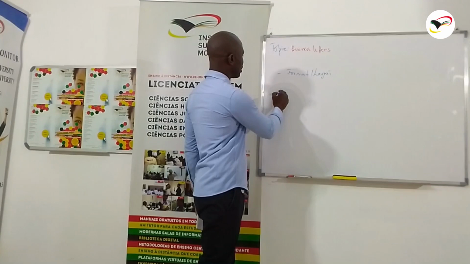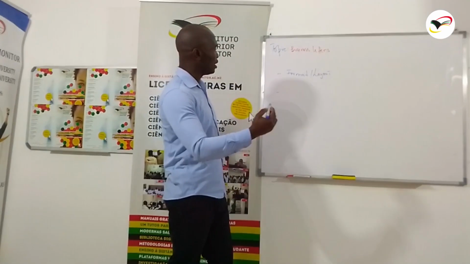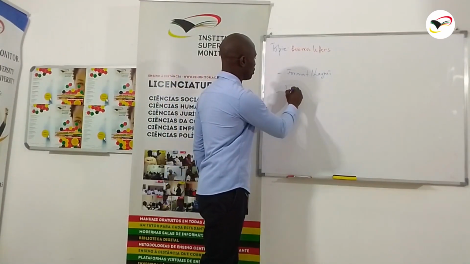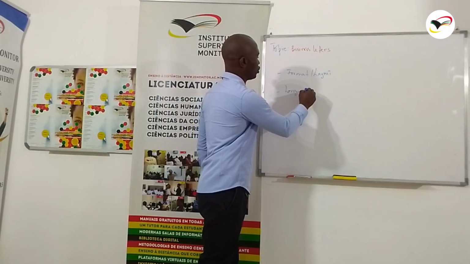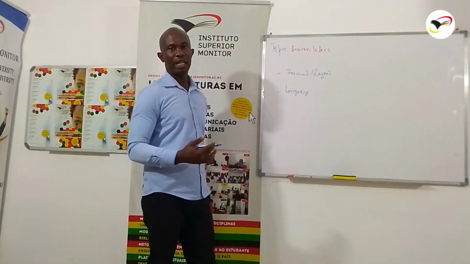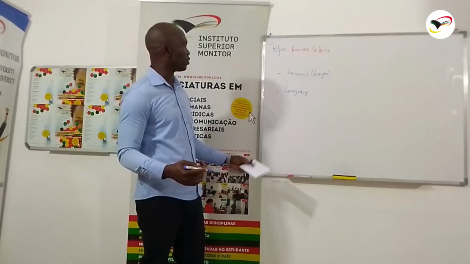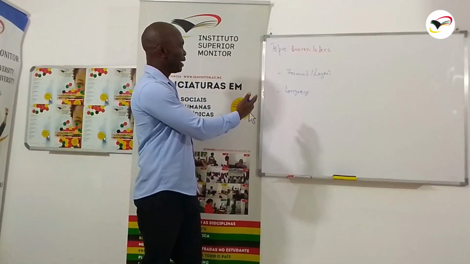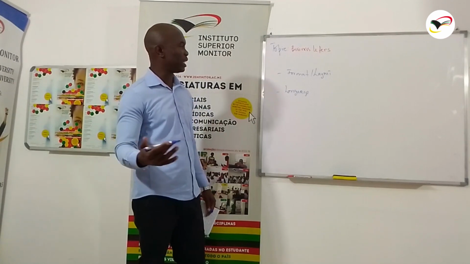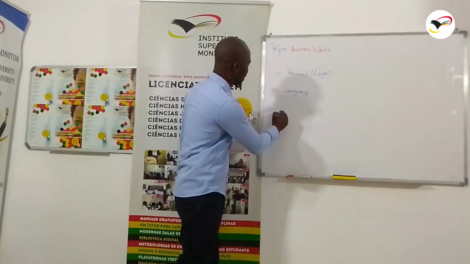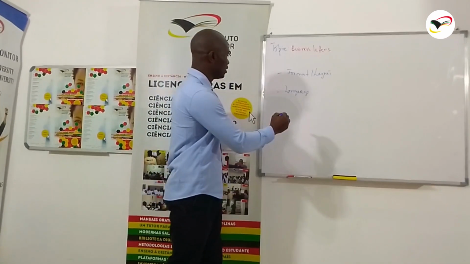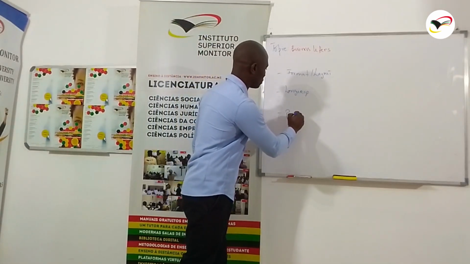The second aspect we are going to look at is the language of the business letter. Business letters use formal language. We are also going to look deeply at the language of business letters. And the last aspect we're going to look at is the purpose.